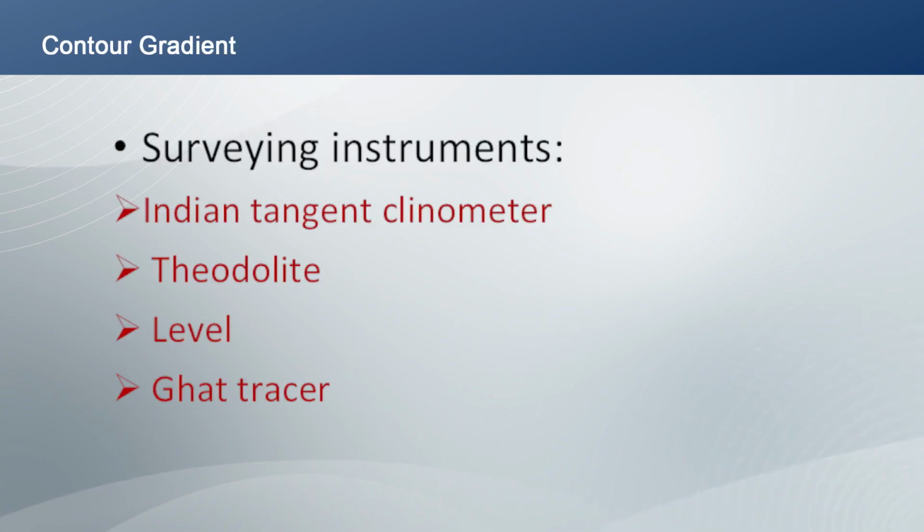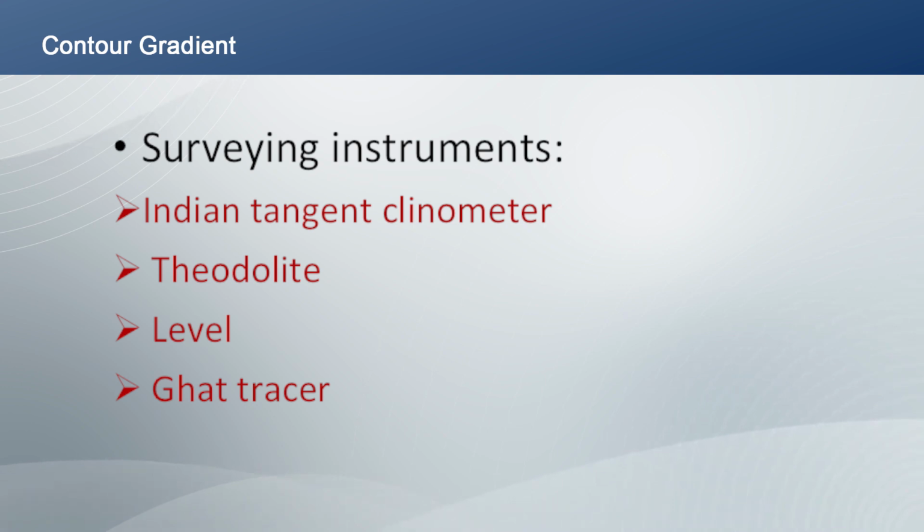If we know the inclination of the contour gradient, its direction may be easily located on the ground by using one of the following surveying instruments. First is Indian tangent clinometer, second theodolite, third is level and fourth is Ghat tracer.